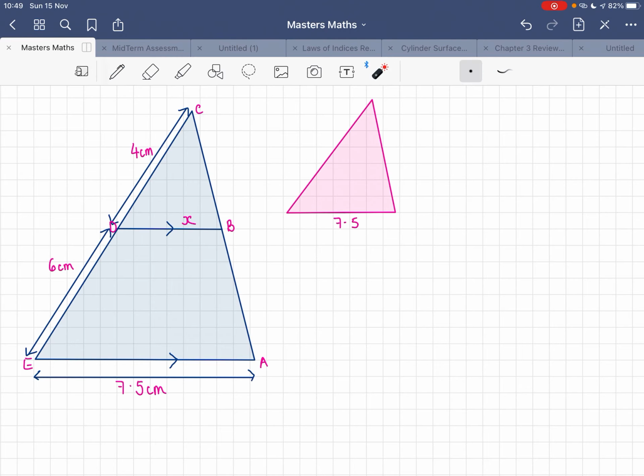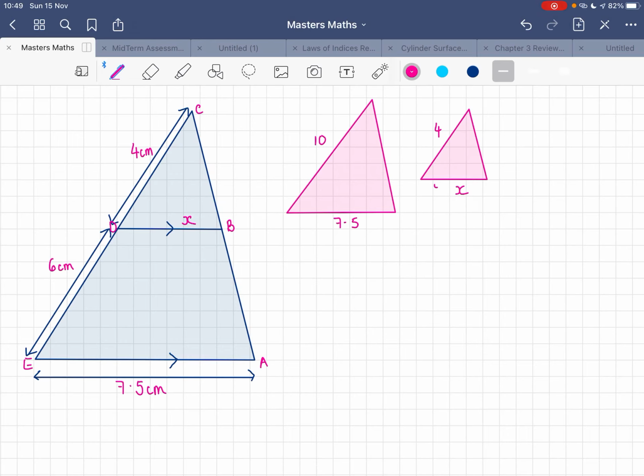This length at the side is this full length here. So we need to add the 6 and the 4 together to get 10. And then the little triangle, again, it doesn't really look like that, does it? The little triangle like this, we have, this is 4 and this is X. That's what we're trying to work out.